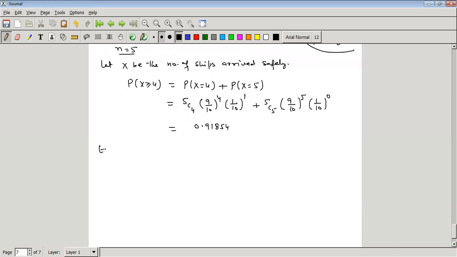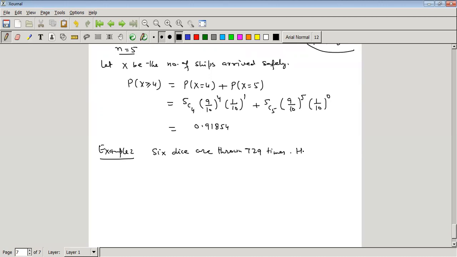Second example. 6 dice are thrown 729 times.